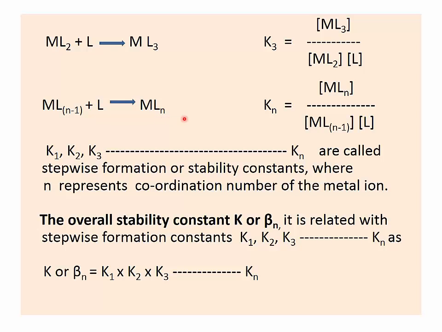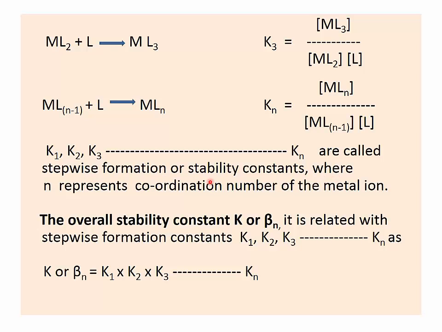So for this reaction Kn is equal to concentration of MLn divided by concentration of MLn-1 into concentration of ligand. In this way, these equilibrium constants K1, K2, K3 up to Kn are called stepwise formation or stability constants.